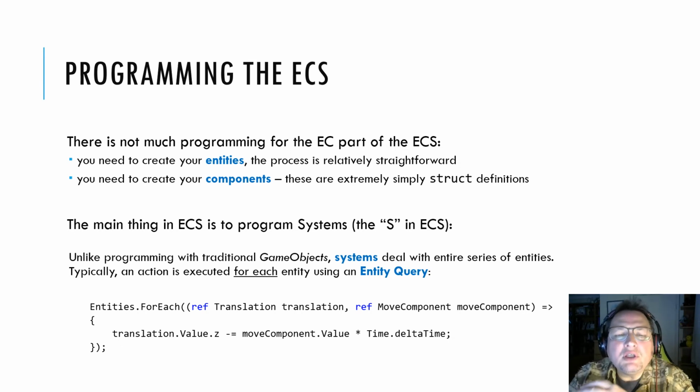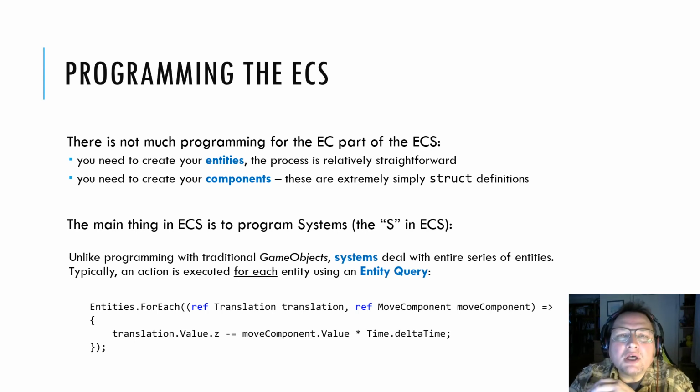The main thing in ECS programming is to implement the systems, or the S, in the ECS. Unlike programming with traditional game objects, the systems deal with entire series of entities.